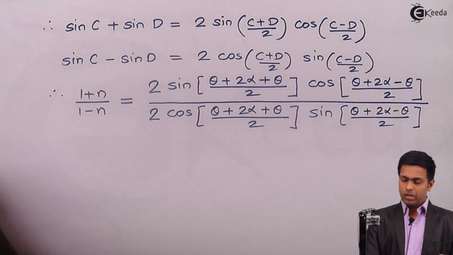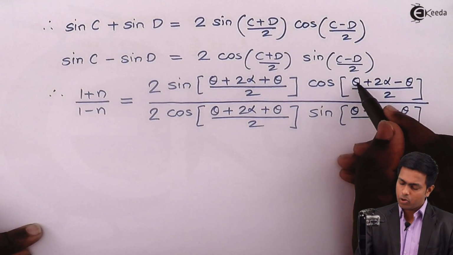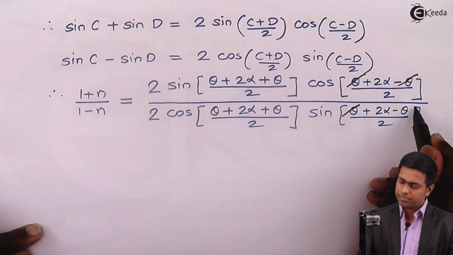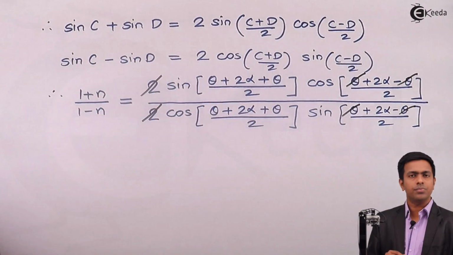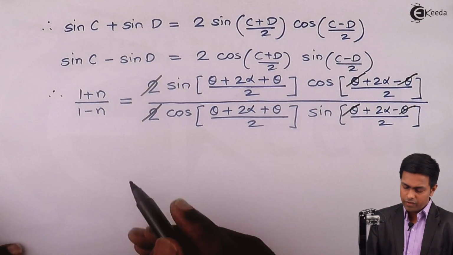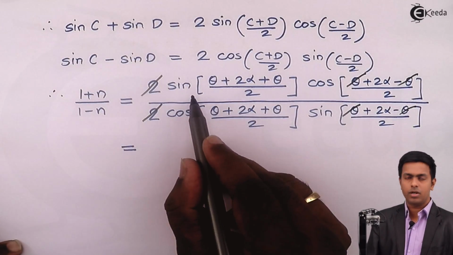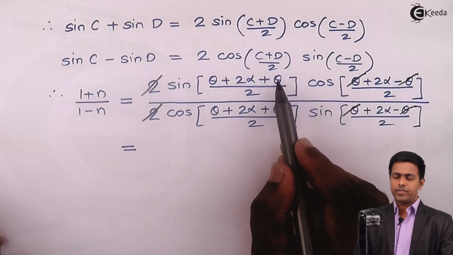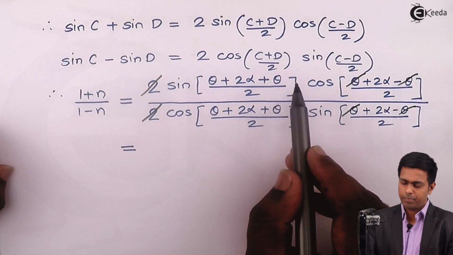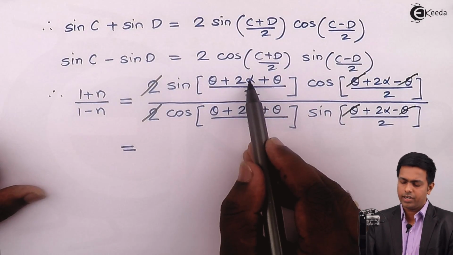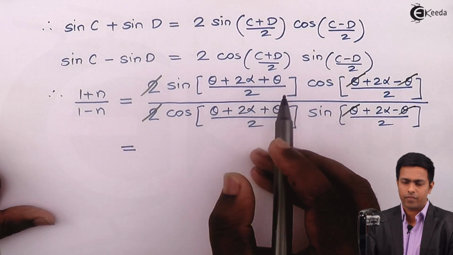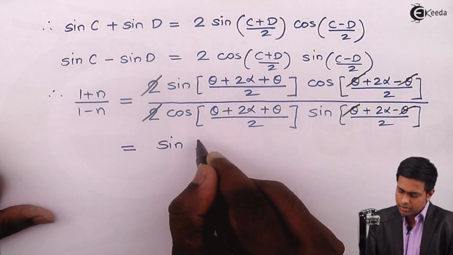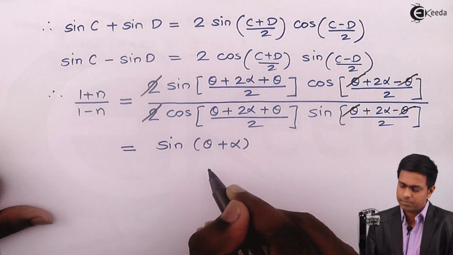Now we can cancel this positive theta and negative theta. Here I can cancel this 2 also, and here we will get theta plus theta, that is 2 theta plus 2 alpha, and in the denominator we have 2, so we can cancel all 2's. So here we will get theta plus alpha, so sine of theta plus alpha.